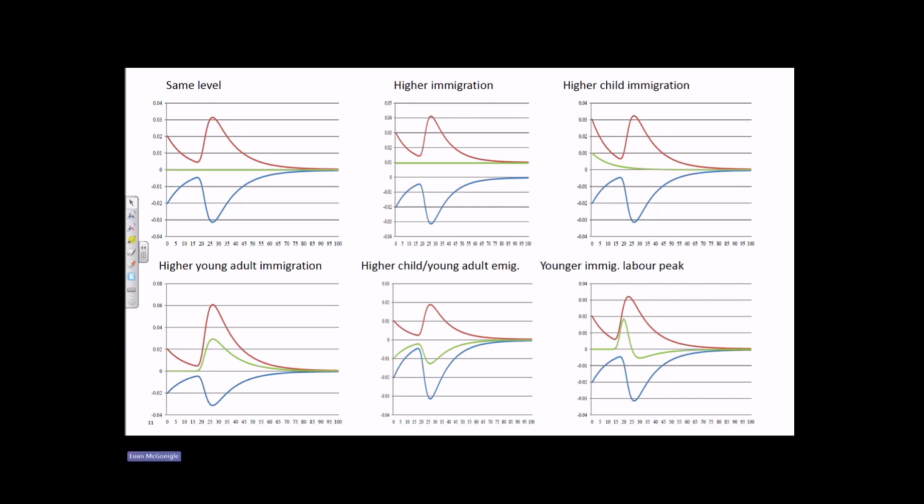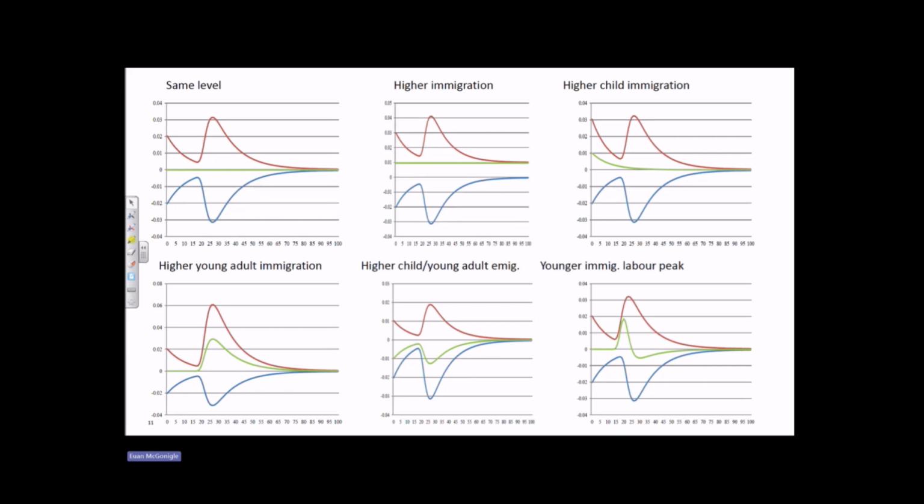If we take the second example, if in-migration is higher equally across all ages, then again you get a flat line, but it's above 0. If you have higher child migration, then you get a flat line except in the child years. If it's just higher in the young adult years, you get a flat line with a bump.